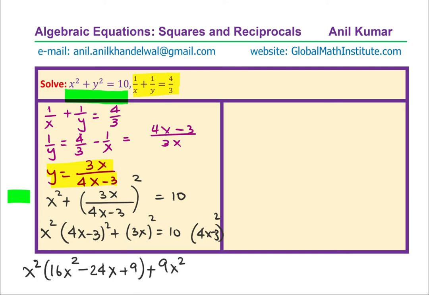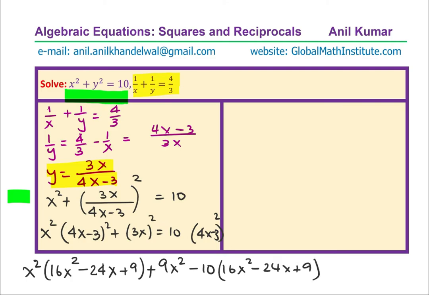Now bringing these terms to the left hand side, we get 10 and 4x minus 3 is the same as 16x squared minus 24x plus 9.